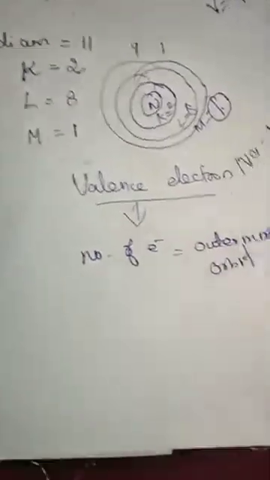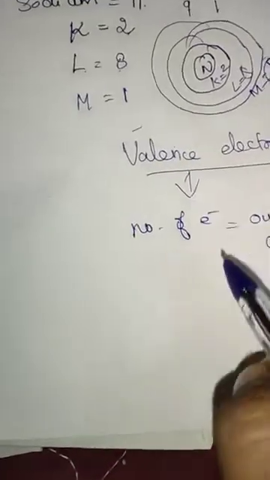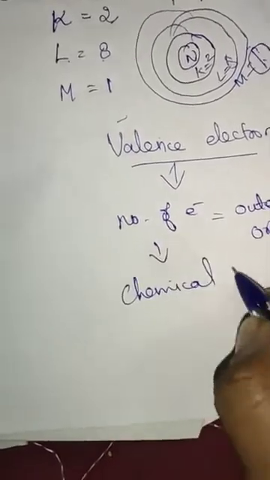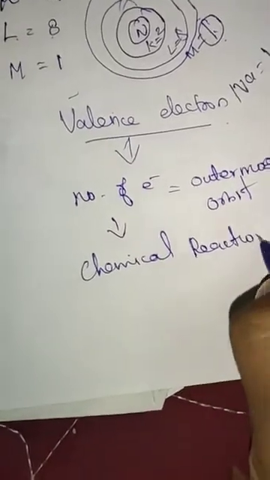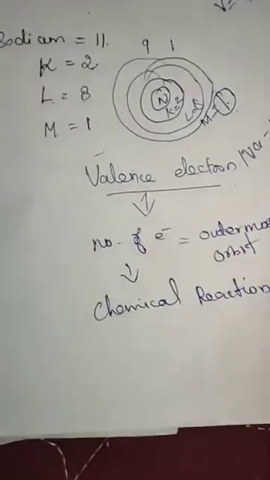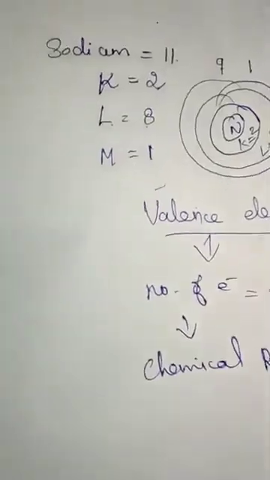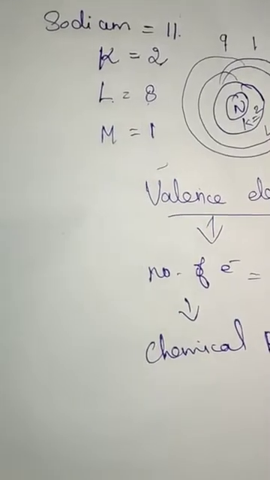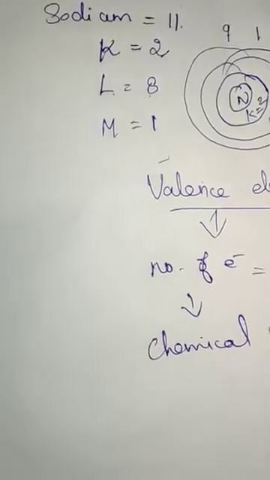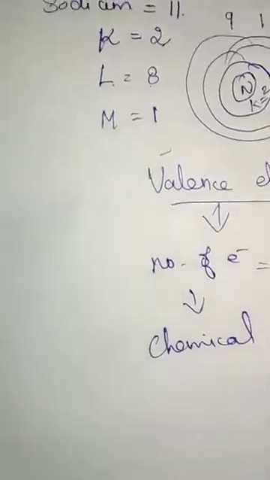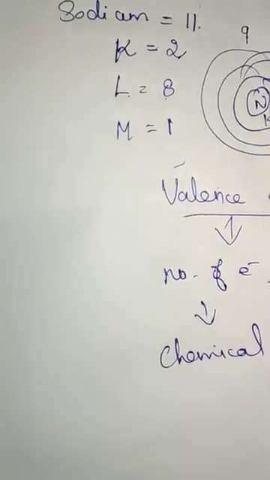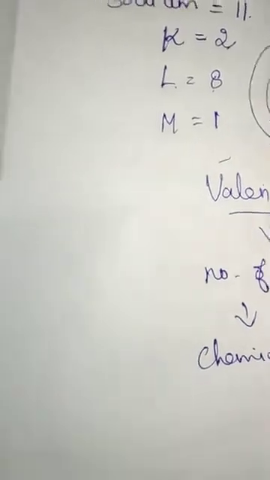What is the importance of valence electrons? They only take part in chemical reactions. So valency is the number of electrons that take part in chemical reactions, called valence electrons or valency. For the majority, elements which have valence electrons 1, 2, 3 are metals.